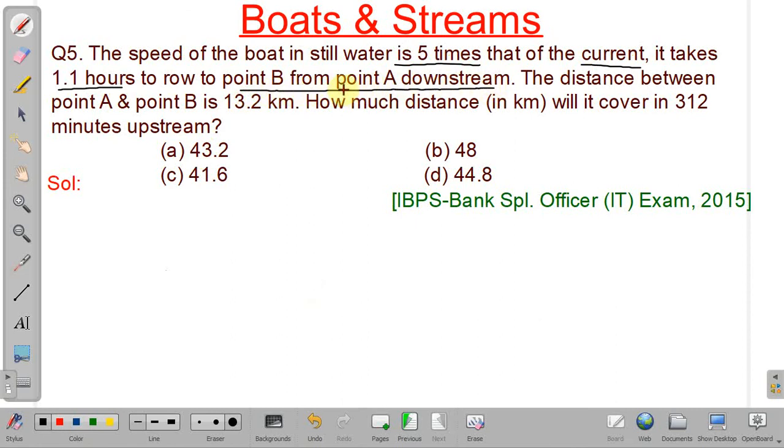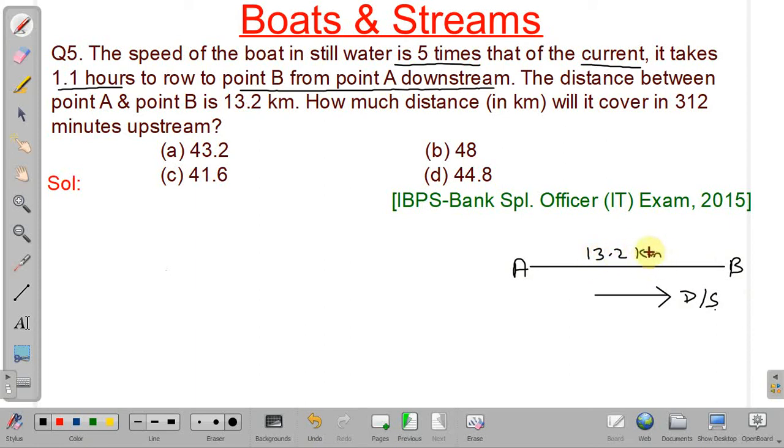So A to B is the downstream direction, and the distance between A and B is given as 13.2 kilometer.